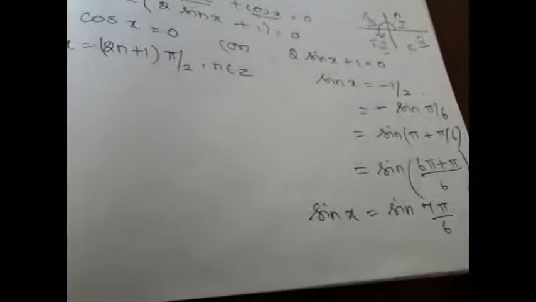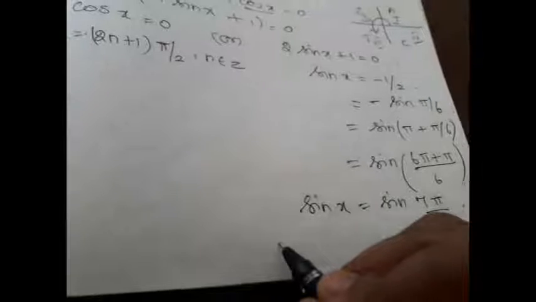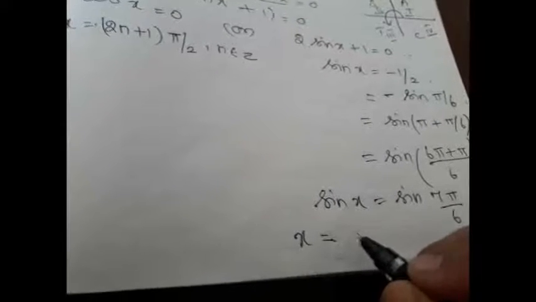Now it is in the form of sin x equal to sin y. If sin x equal to sin y, then what is the solution? x is equal to n pi plus minus 1 the whole power n into y, which is 7 pi by 6 where n belongs to Z, right?